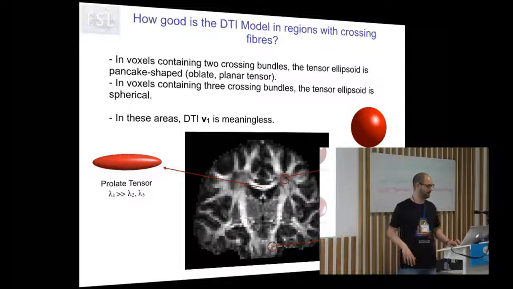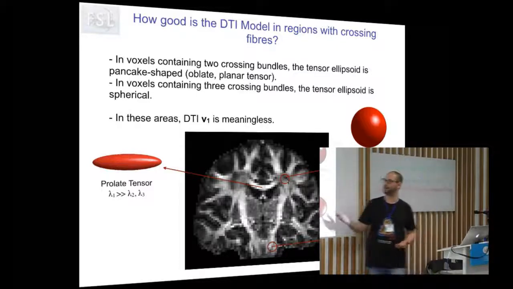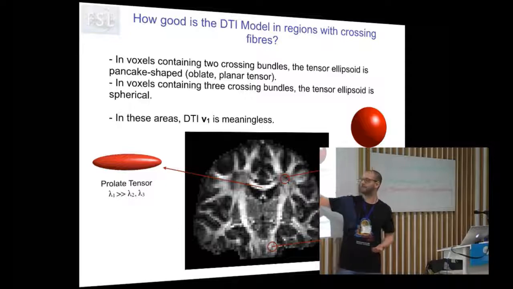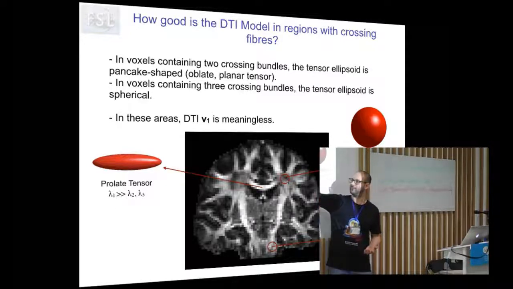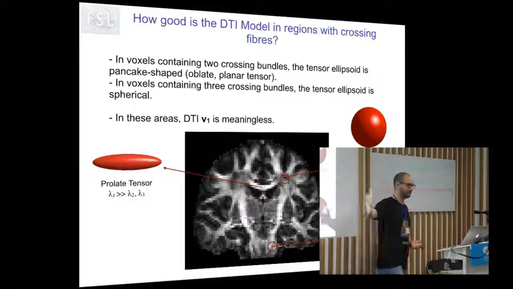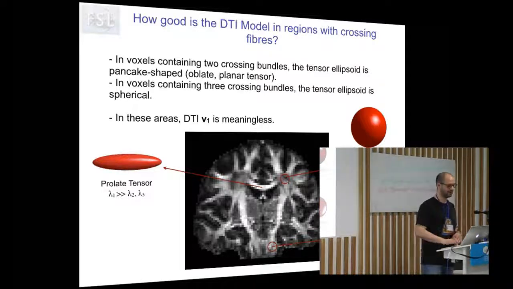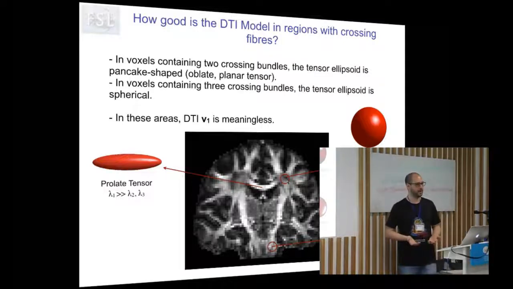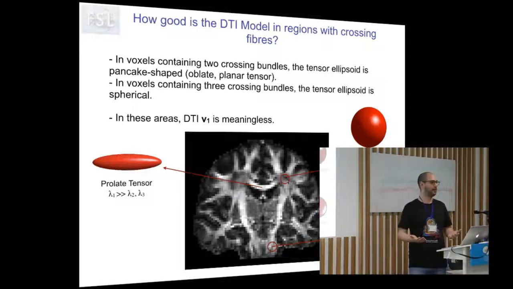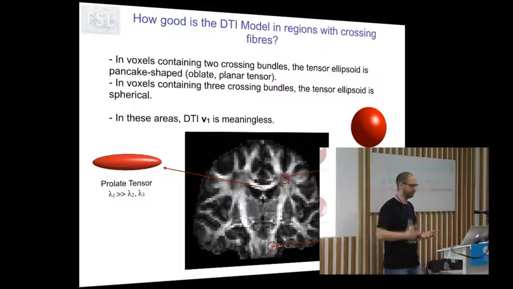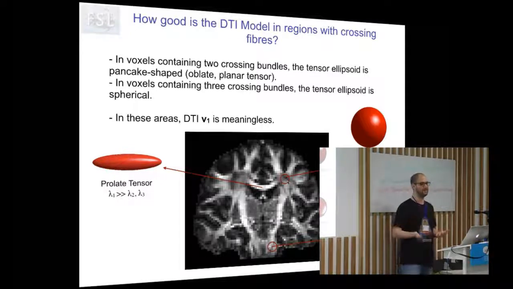a pancake. And then in the centrum semiovale, where you once again have the callosal fibers coming from here, corticospinal fibers running from here, and the superior longitudinal fasciculus coming out of the screen, so three fiber components crossing at 90 degrees, again the tensor collapses into a sphere, right? So what you can say from these two scenarios is that the principal diffusion direction that you estimate is basically meaningless.